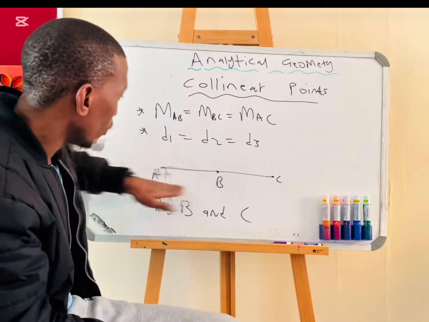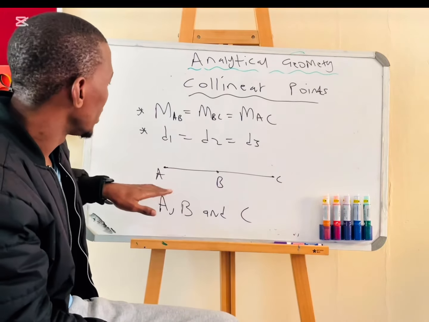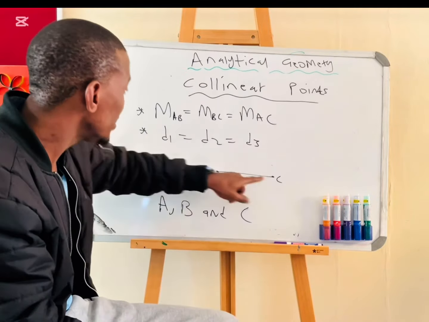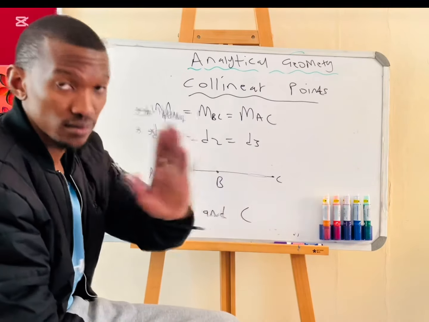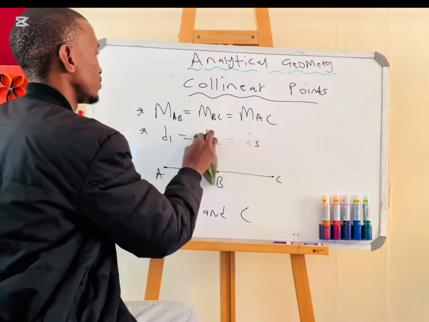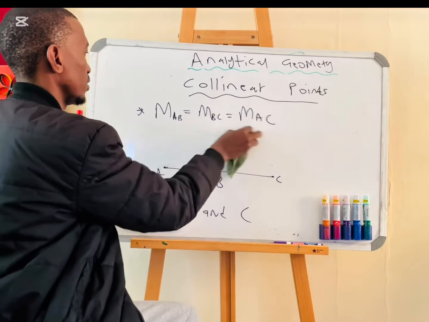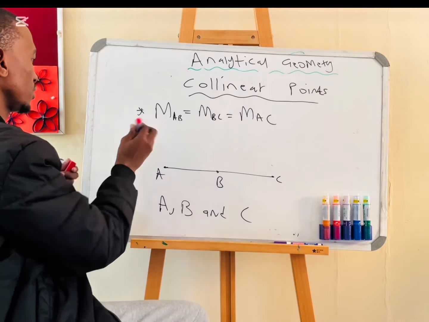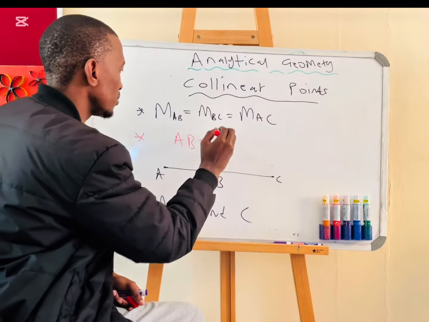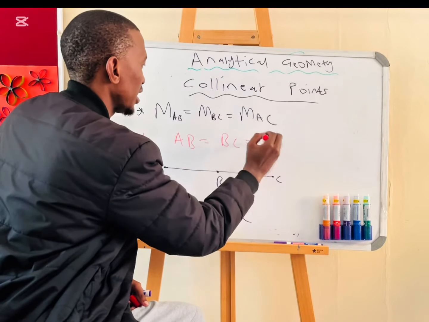Because they lie on the same straight line, it means that the equation of AB is going to be the same as the equation of AC and BC. Okay? Let me write that down. So it means that the distance of line AB will be the same as the line BC as well as the line AC.